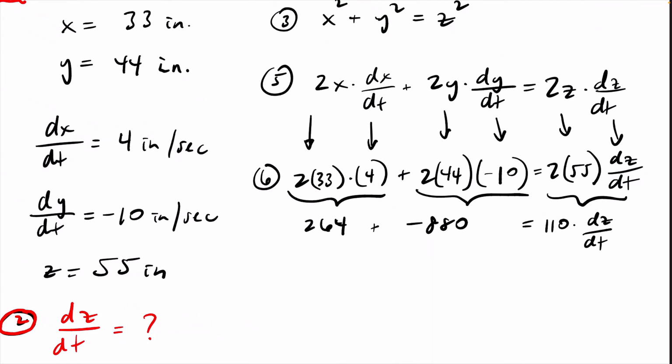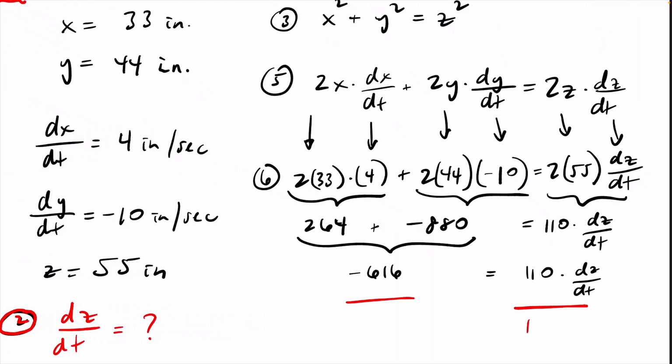First thing I need to do is combine these two. Negative 616 equals 110 dz over dt. How do I get dz over dt by itself? Divide by 110.